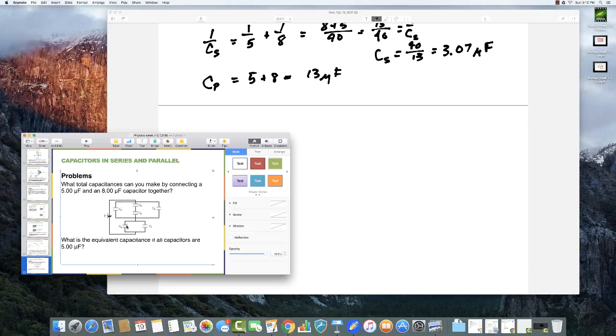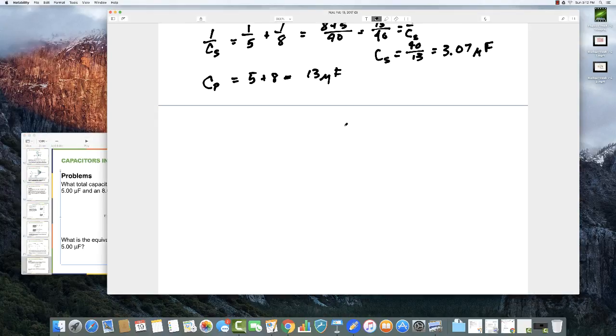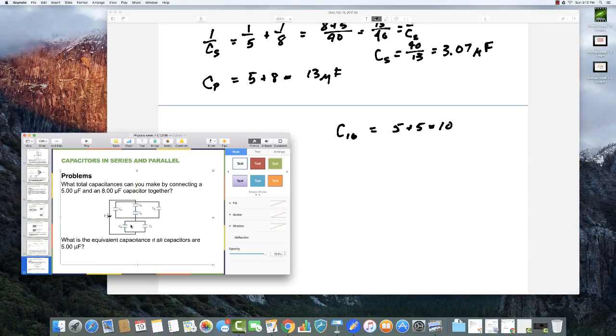Well, if you start with these two, they're in parallel. And that's C1 and C6. So we'll call this C16. That's going to be 5 plus 5, or 10. Okay? So that changes this to a single one that's 5 plus 5.